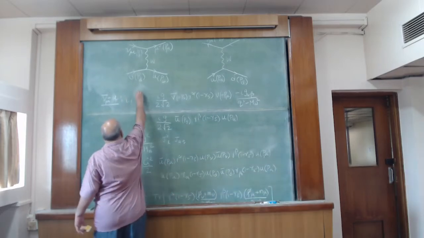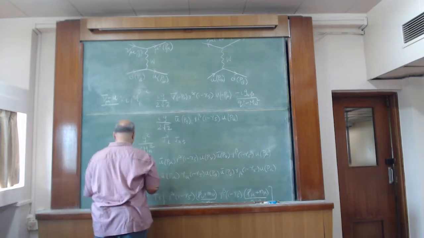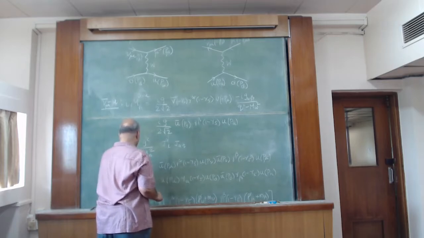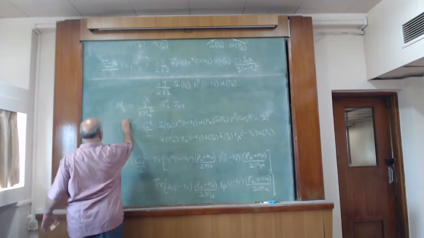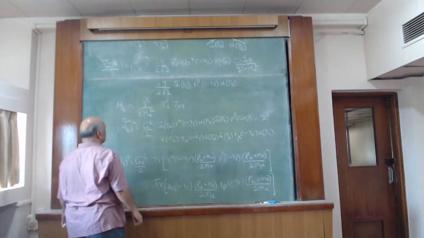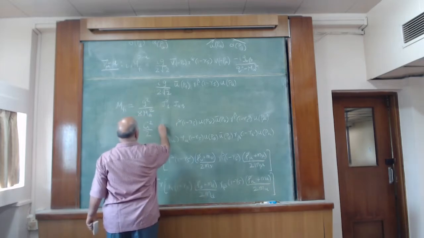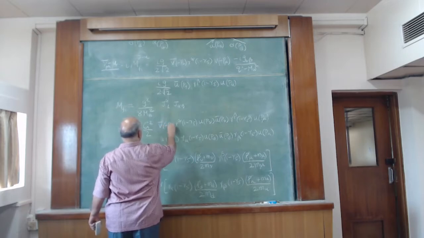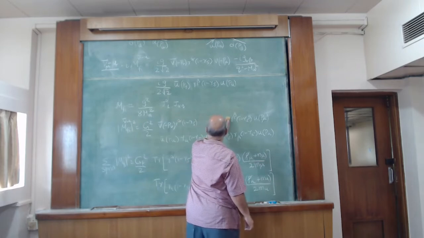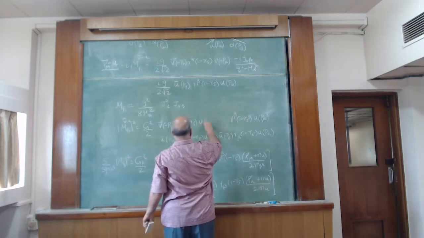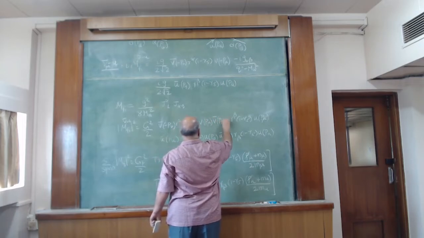This is for U bar. So for mu bar u, this is V bar minus P mu, V mu V bar P mu.